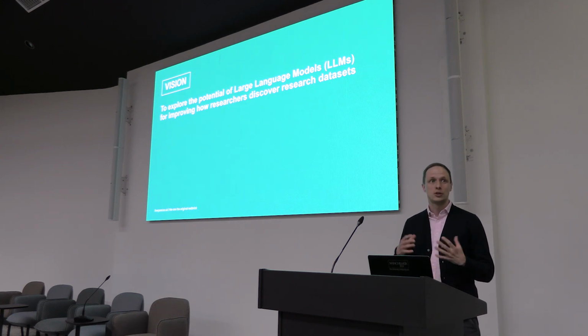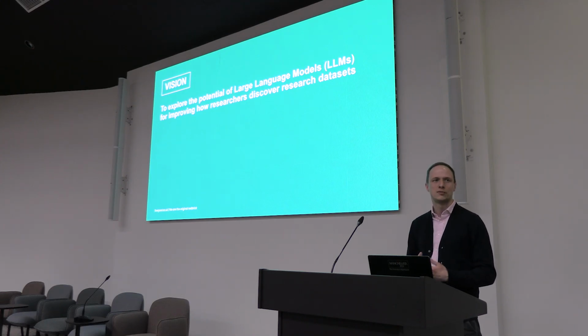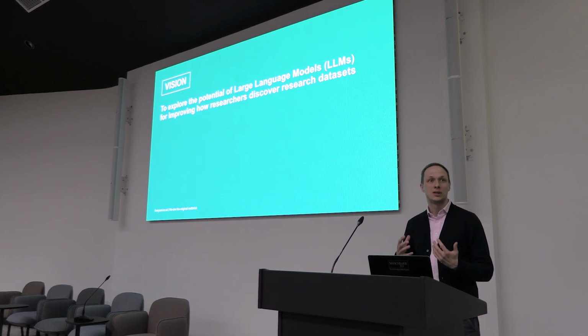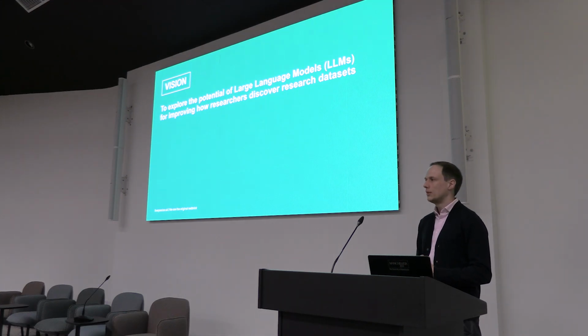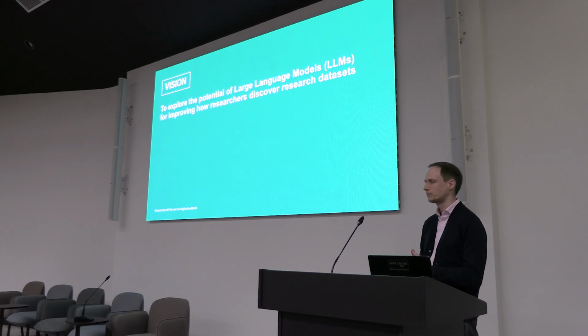What we thought is we could use large language models, which have a better semantic understanding of the nuances of language. They are better at capturing the relationships between words, and therefore we could leverage some of that technology and bring it into this same sphere to help researchers get a better search. So moving away from just using keywords to actually giving people the opportunity to type in a full search.